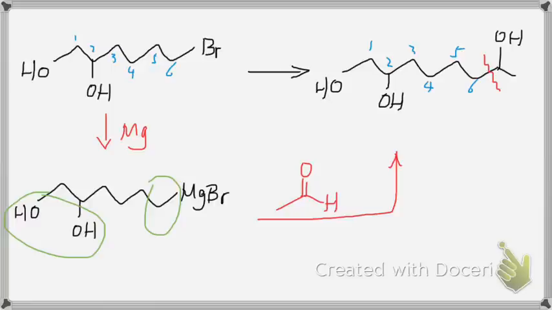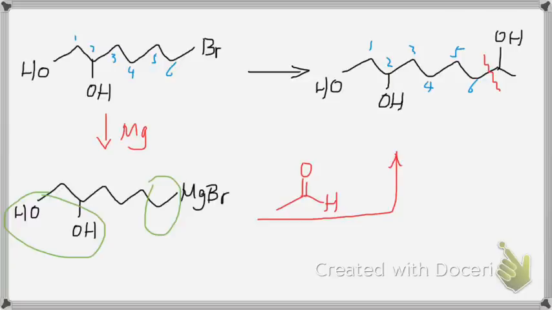It can take the acidic proton to make the alkane. So with the two alcohol groups present, we are not able to make the Grignard reagent react with the aldehyde. Before we do the Grignard reaction, we will need to protect the two OH groups.